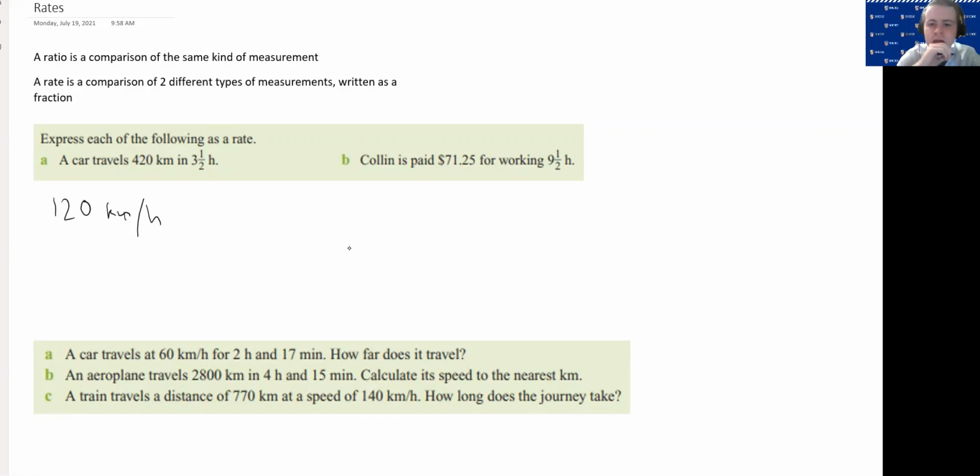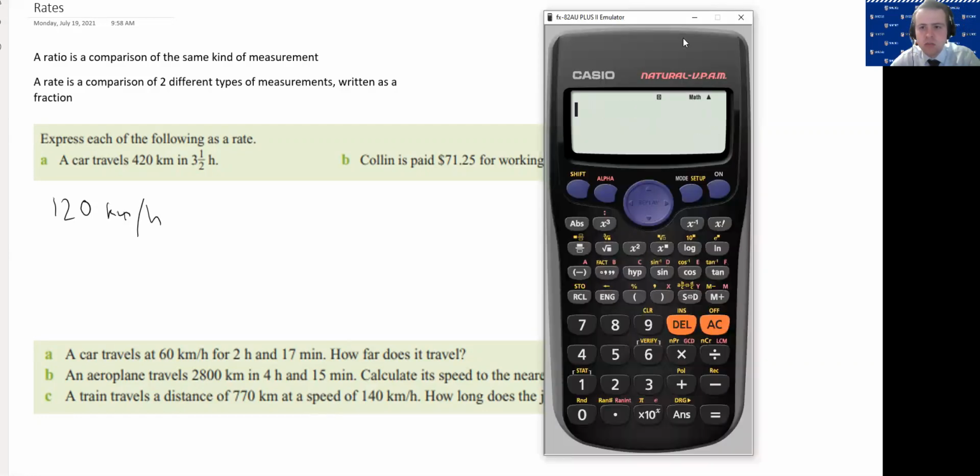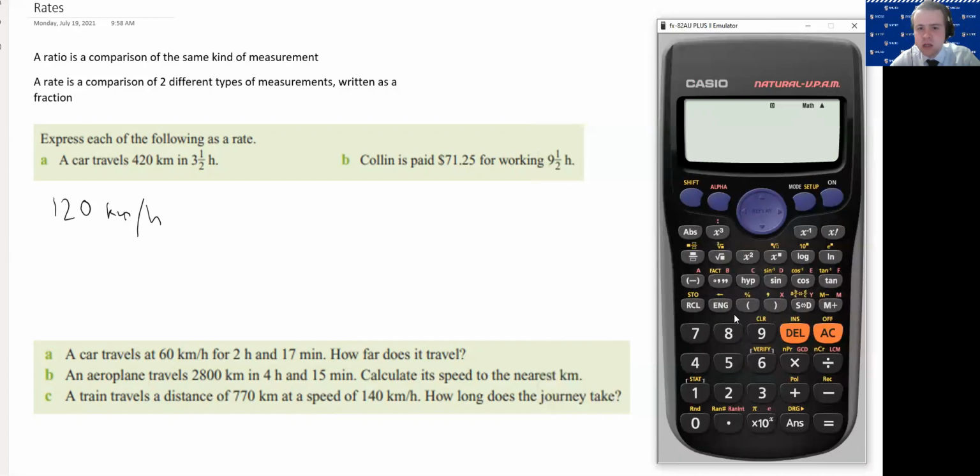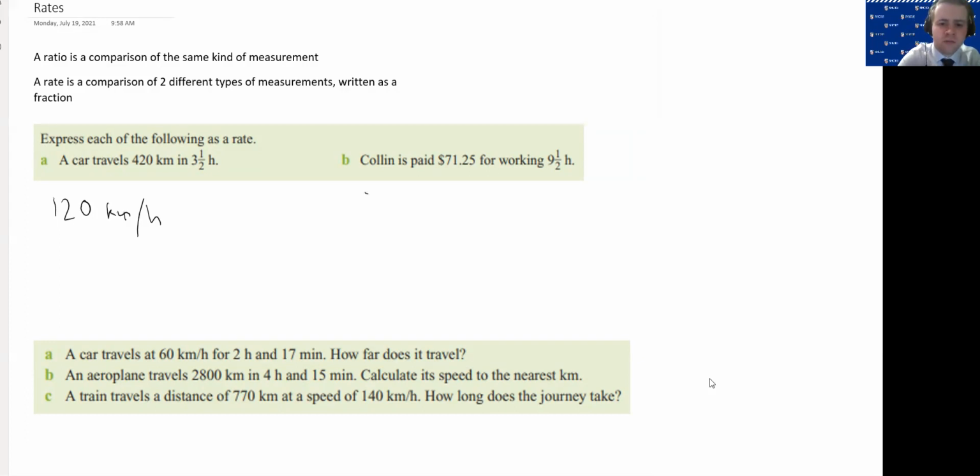For part B here, we have $71.25 for 9.5 hours. Again, we're just going to divide the first quantity by the second. So we get 71.25 divided by 9.5, and that gives us our answer, $7.50 per hour.